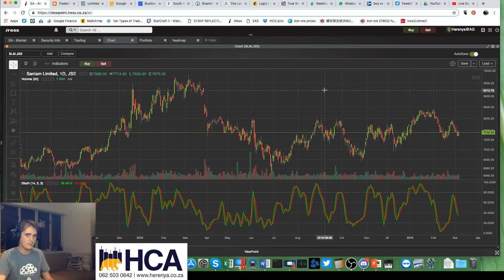So we're smoothing out, so what was the percentage D line now becomes the percentage K line, and we're adding a new percentage D line, and that gives us a much easier to read indication that's not as messy as the previous one.